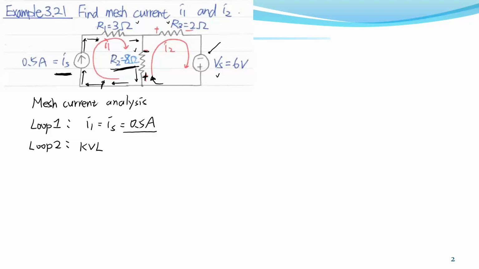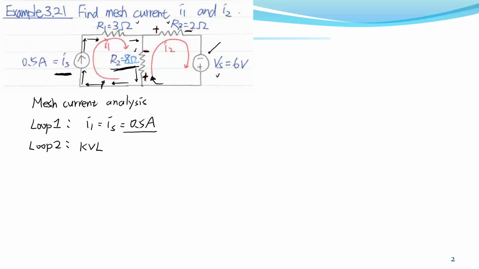Also, I2 flows through R3, and because R3 also consumes energy, I2 comes into the positive terminal and leaves out from the negative terminal of R3.